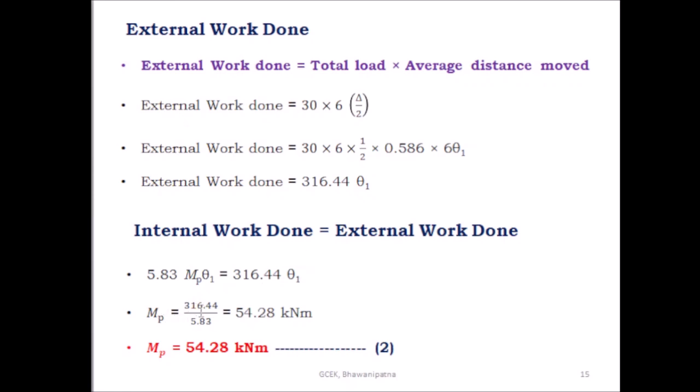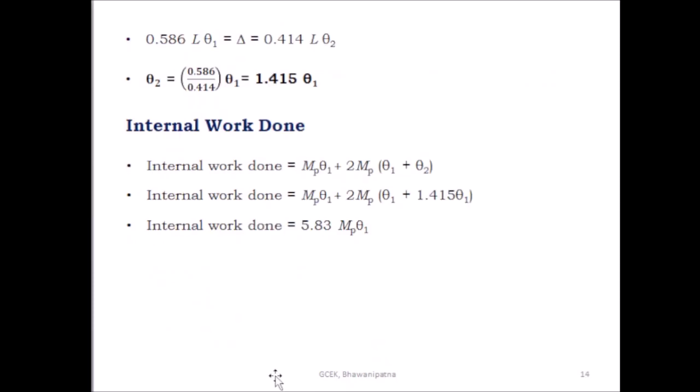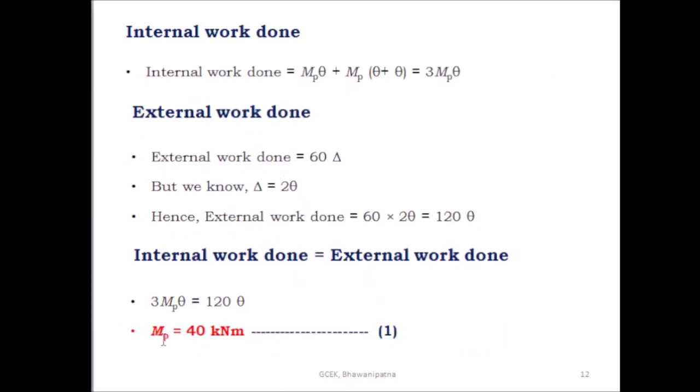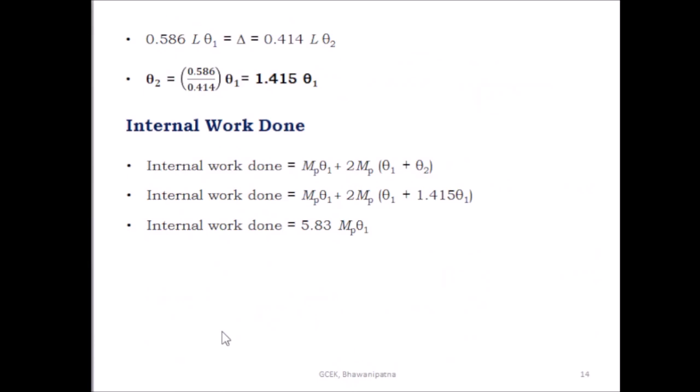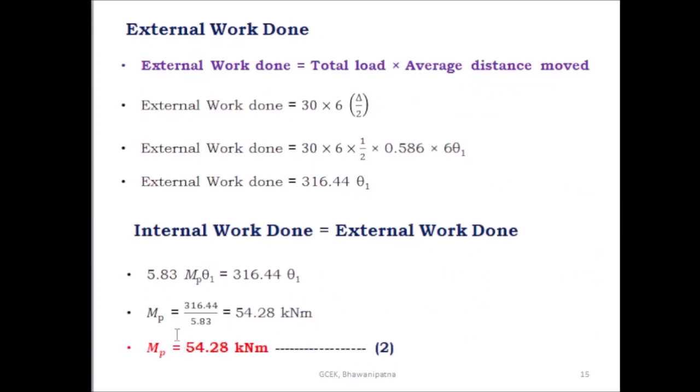Then MP is equal to 54.28 kilonewton meter. So this is the plastic moment capacity from span BC, and this is the plastic moment from span AB. From span AB the plastic moment is 40 kilonewton meter and from span BC the plastic moment is equal to 54.28 kilonewton meter.